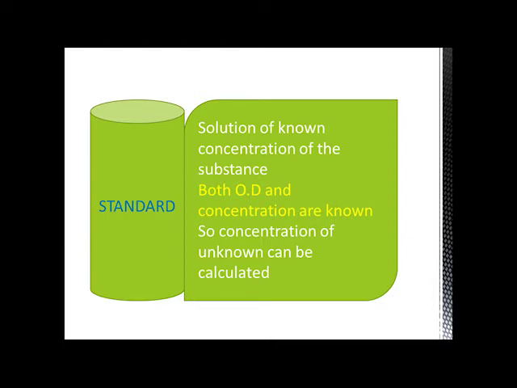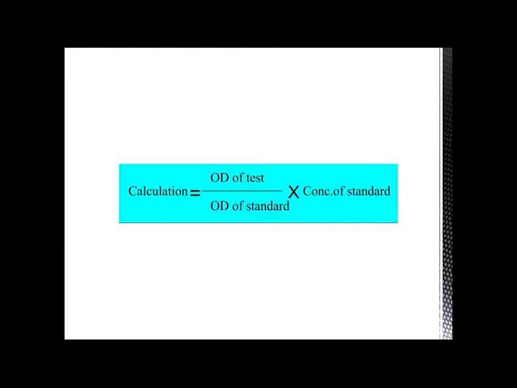So from these known values, the unknown test concentration can be calculated through formulas as well as through graphical methods. From this formula, the OD of the test, optical density of the test, divided by the optical density of the standard, multiplied by the concentration of the standard, gives the correct concentration of the test sample.